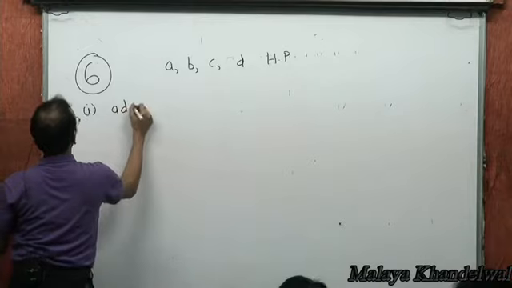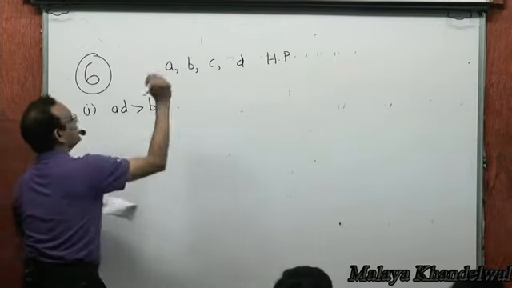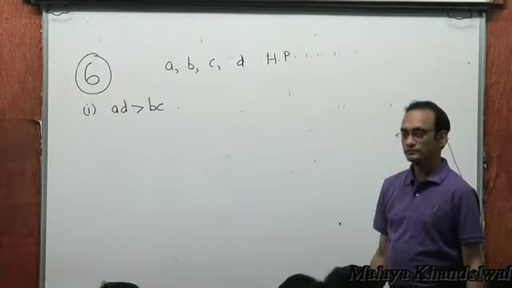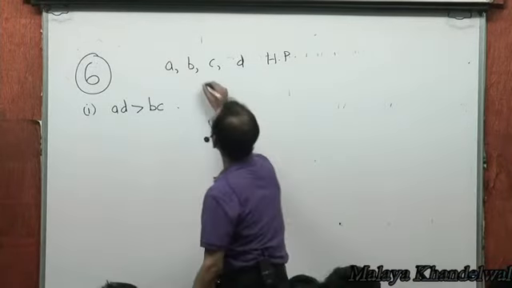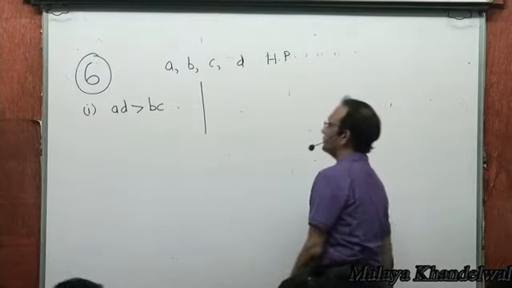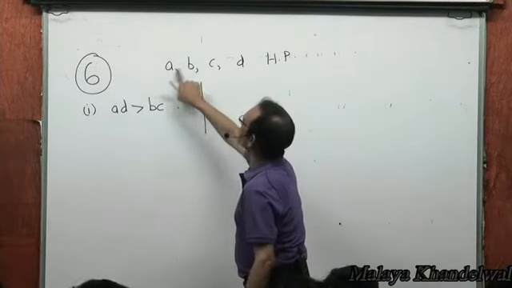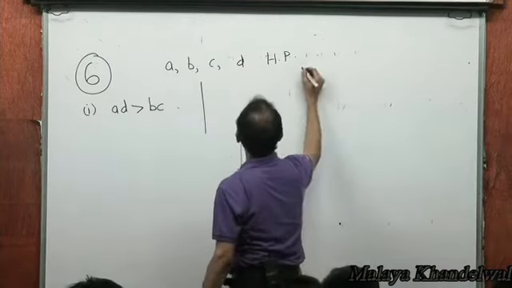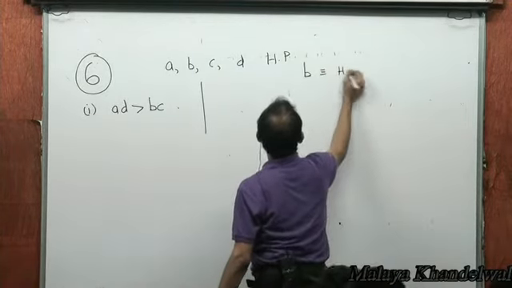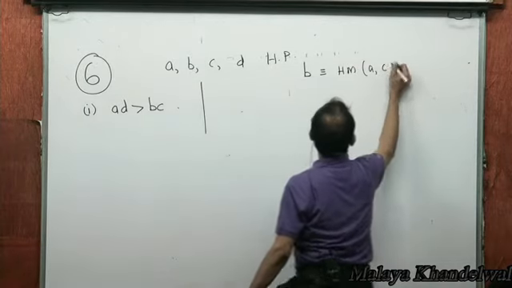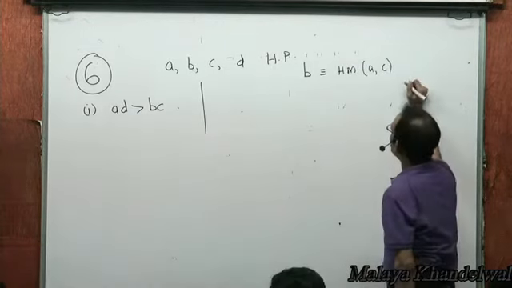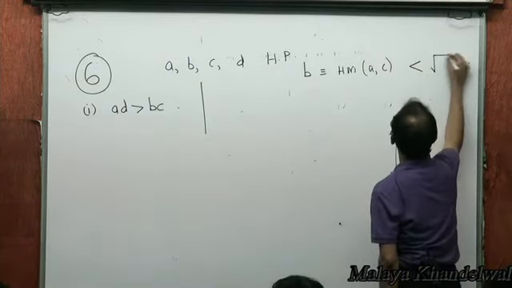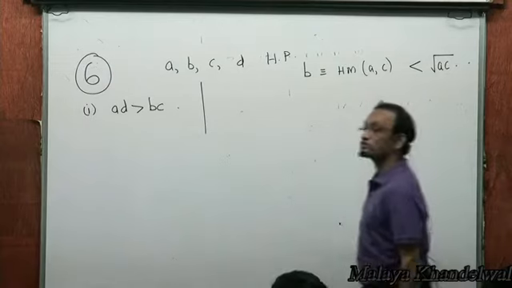We want to show number one: A into D is bigger than B into C. Now B is the harmonic mean between A and C. But the harmonic mean between two numbers will always be less than the geometric mean between the two numbers if the two numbers are positive and distinct.